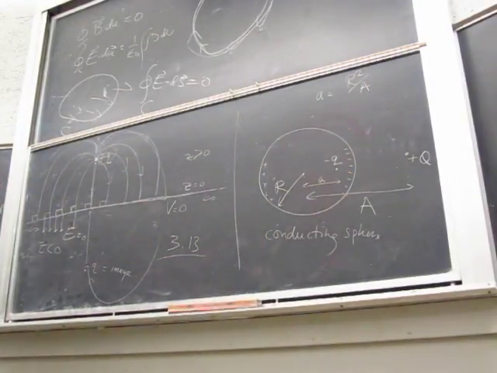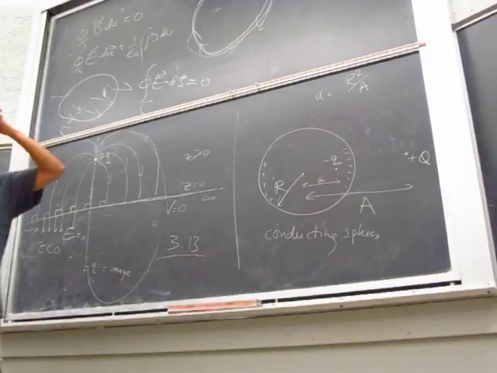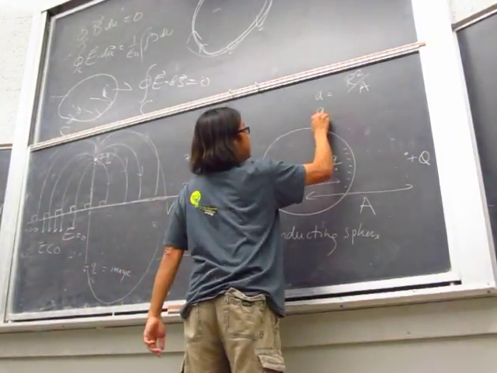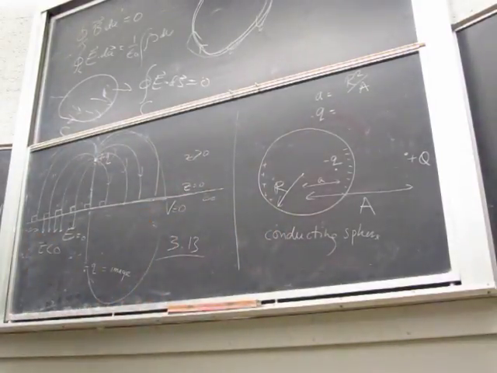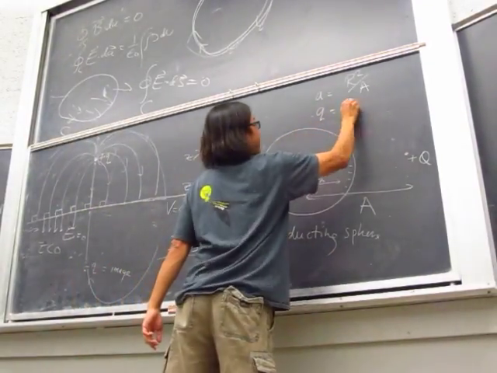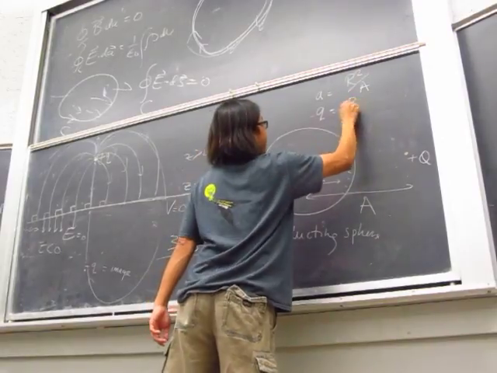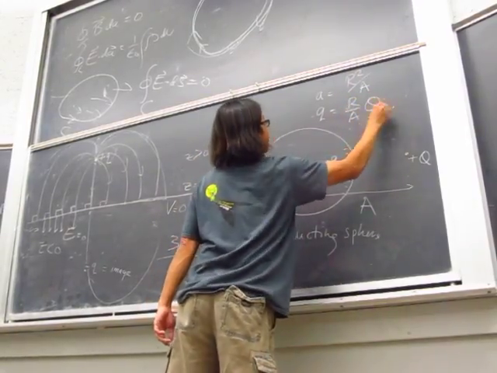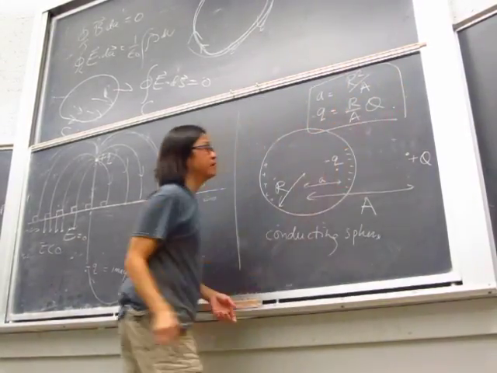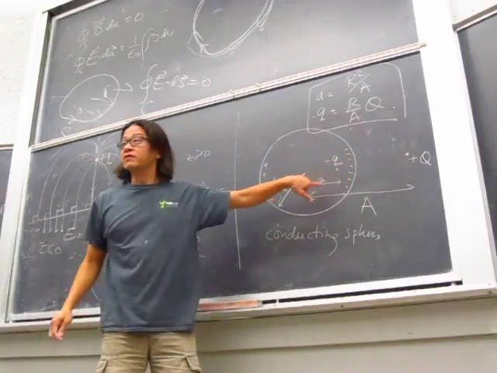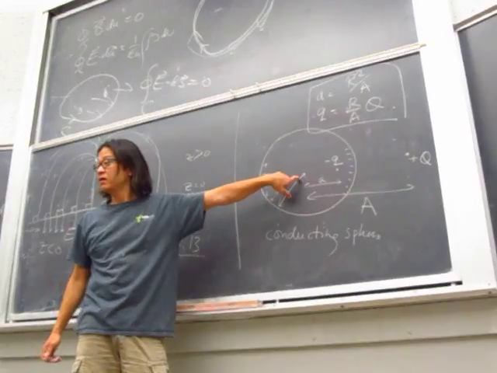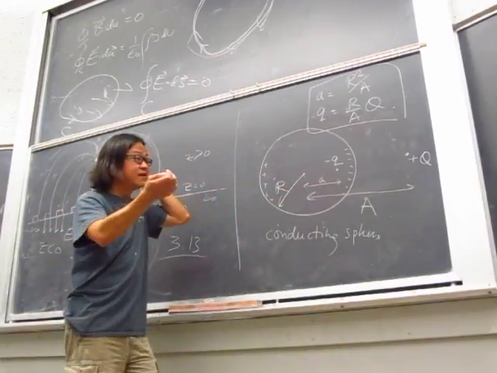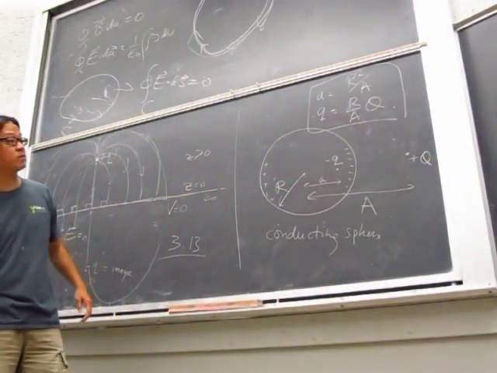And the charge minus q here is equal to r over A times Q. This solved the situation where you have a plus q above a sphere, and the whole thing is symmetrical. It's actually a property of problem 313.